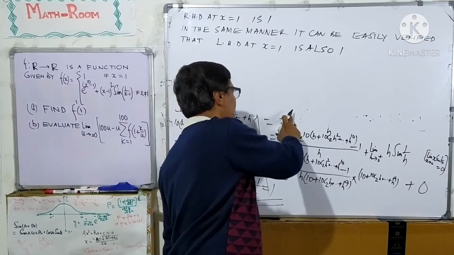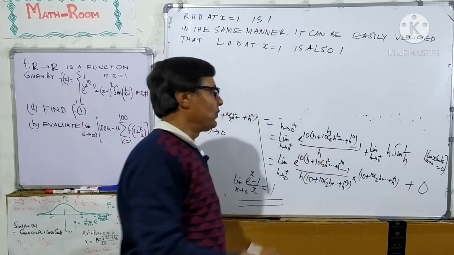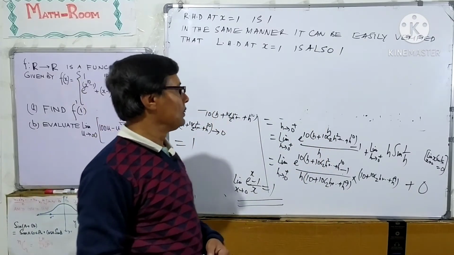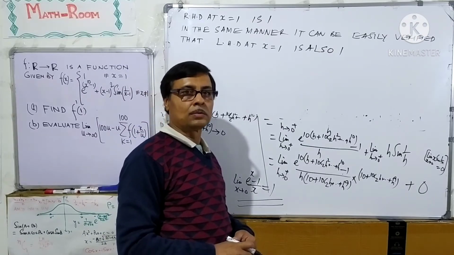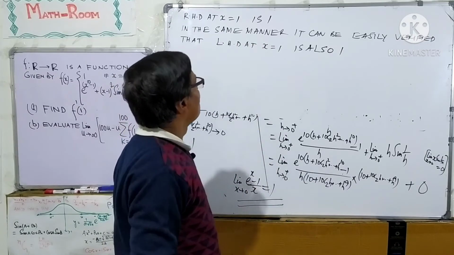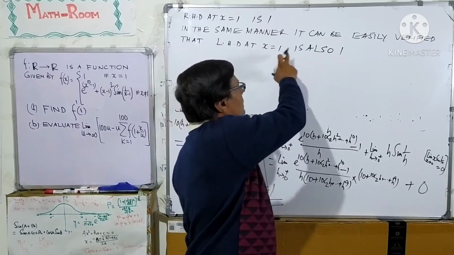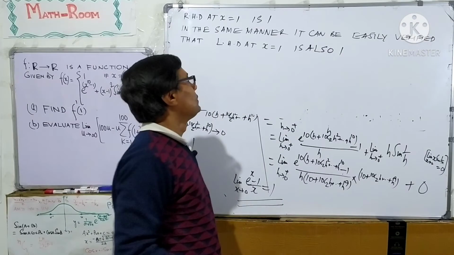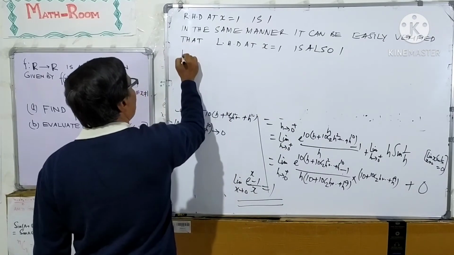The function is the same, so their limit is also the same. So, it can be easily verified that in the same manner the left hand derivative at x equal to 1 is also 1.